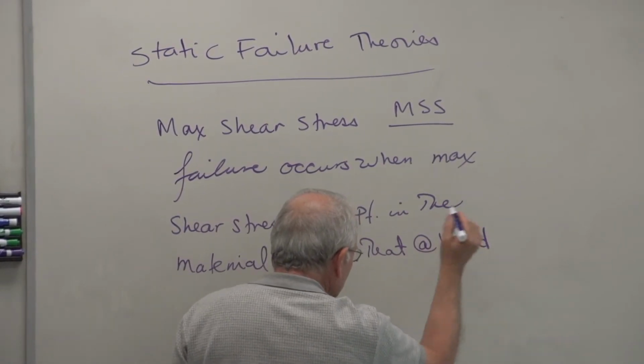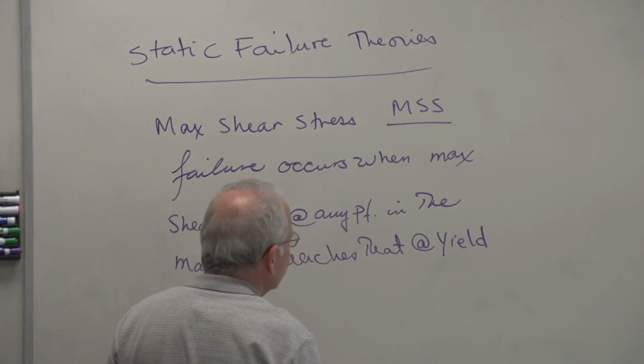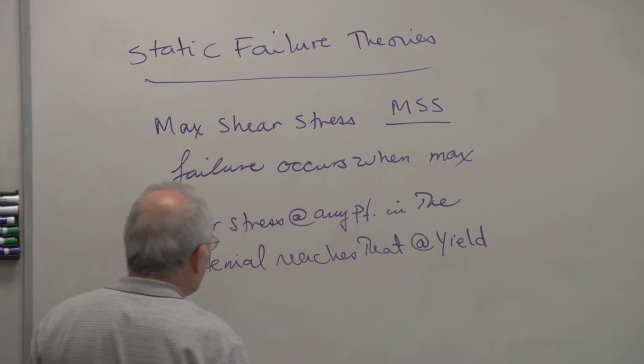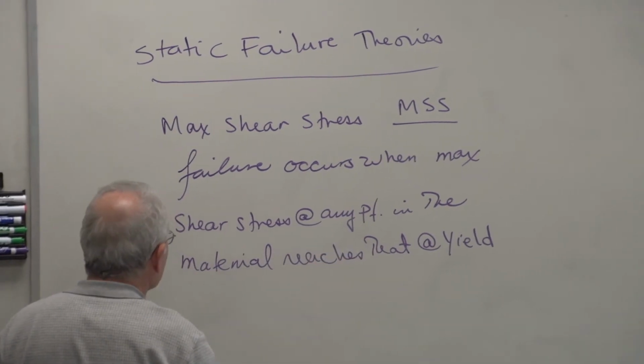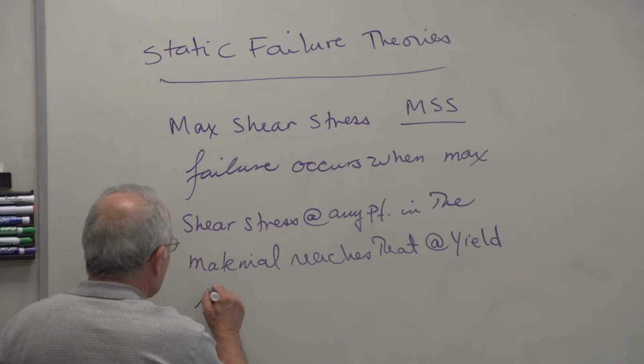These are yielding failure theories. Yield, you could also say tensile, but we'll just leave it like that. At yield, reaches that at yield in a simple tension test.